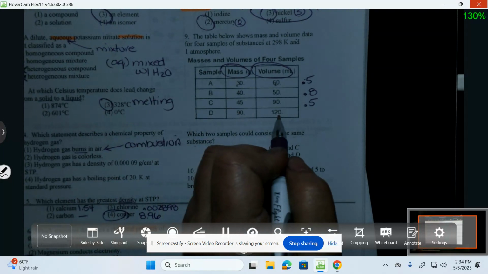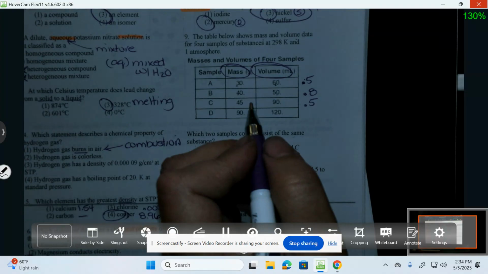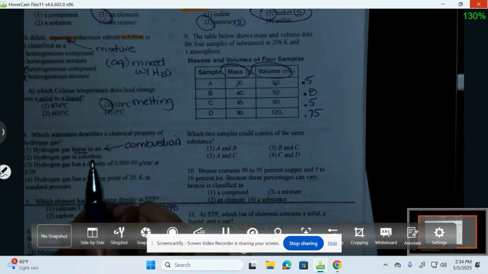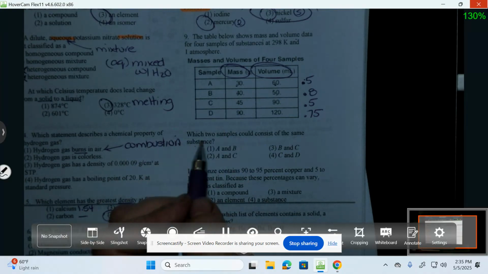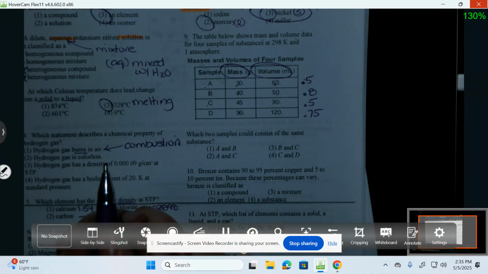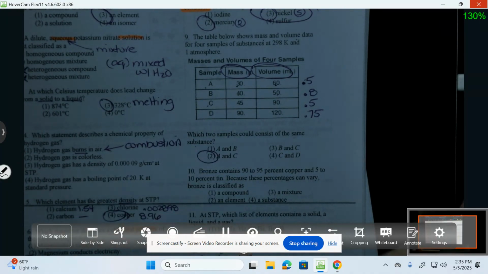And 90 divided by 120, 0.75. Okay, so now I've got all the densities. They want the same substance. So it looks like it's going to be A and C. Is that a choice? That's good news.